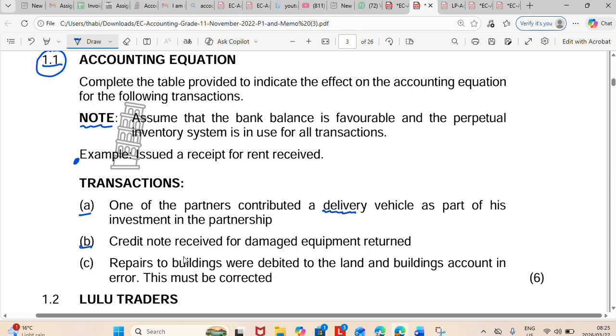Assets increased because we were purchasing an equipment. Also liabilities increased because we owe someone as a result of buying an equipment on credit, but we have actually returned this equipment because it was damaged. So we need to reverse what happened first.